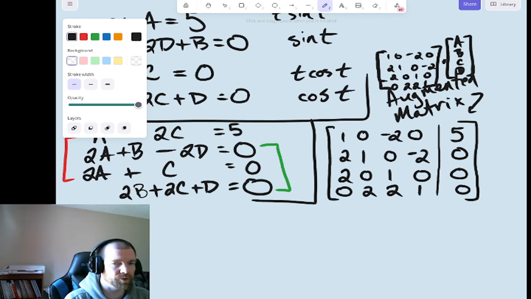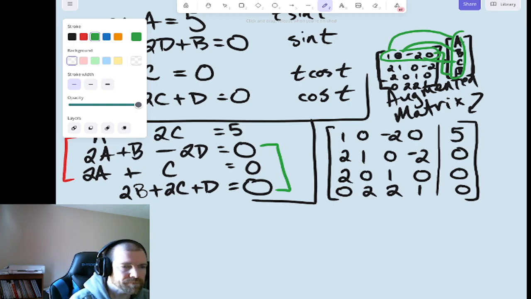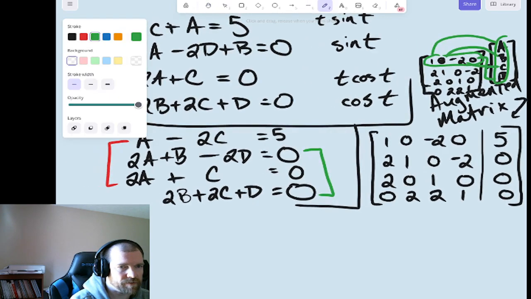If you remember how you multiply matrices, this is going to take the first row and say, I'm going to multiply my first row by my first column. This is going to be A times 1 plus B times 0 plus -2 times C plus 0 times D. And that gets us what we see back in the previous spot here.